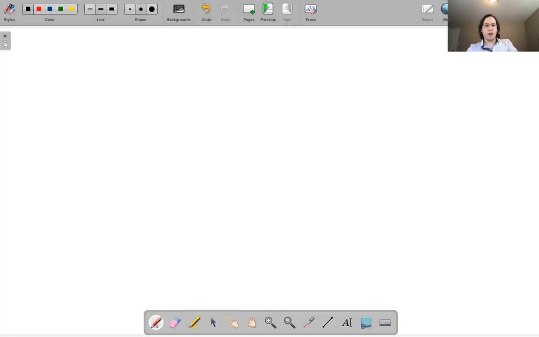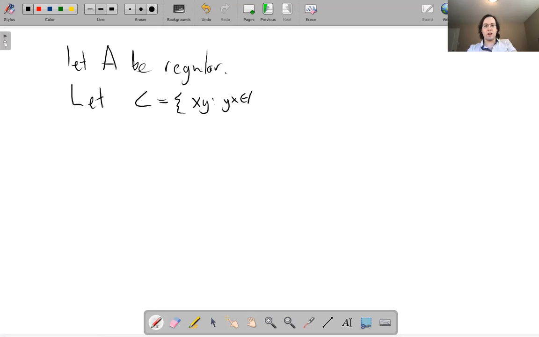So suppose A is regular, so let A be regular, and then let's say we have a language defined in terms of A, and in particular, let C be the language of all x, y such that yx is in A. Here, to be clear, x and y are strings in sigma star.